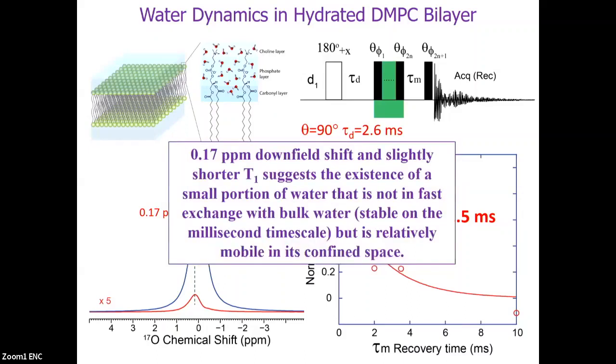This smaller chemical shift difference and slightly shorter T1 relaxation time suggest the existence of a small portion of water that is not in fast exchange with bulk water, because if it were, we would not be able to identify this species of water. But it is still relatively mobile because the relaxation time is still fairly slow and the chemical shift is small. We attribute this to the water associated with the phosphate layer and term it confined water.